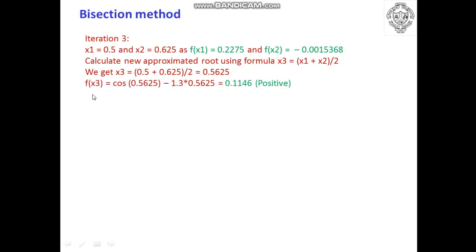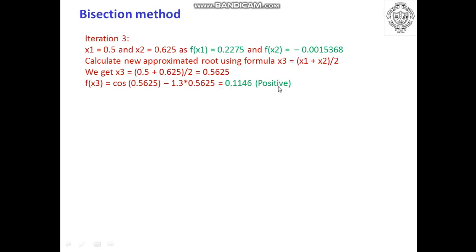Again we have to check the sign of the respective function. So we put the value of x3 in the equation and find f of x3. So cos 0.5625 minus 1.3 into 0.5625, the answer is nothing but 0.1146.